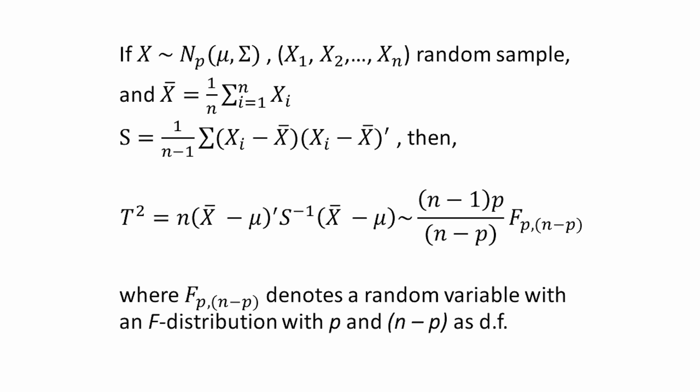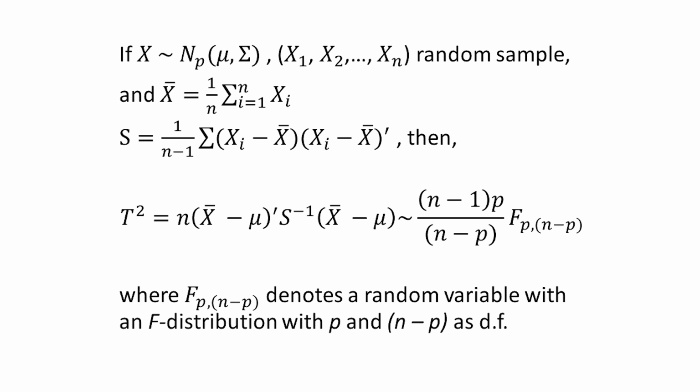Now this is called Hotelling T square and this is used in testing regarding the mean vector mu. That is, it is used, say, if we want to test a hypothesis H naught, mu equal to some mu naught.